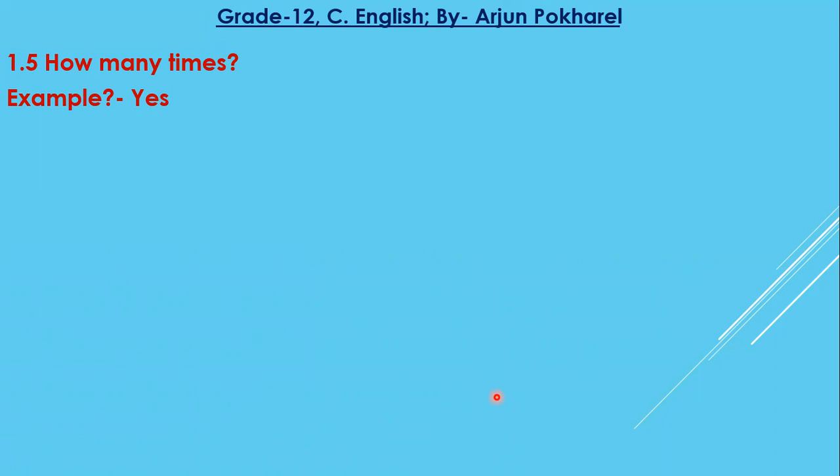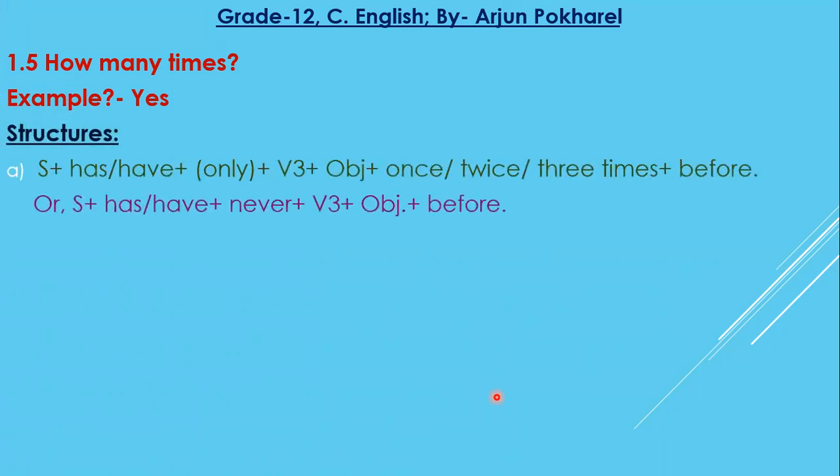In "how many times," the example will be given. The first structure is: subject plus has/have plus only plus the third form plus object plus once or twice or three times plus before.